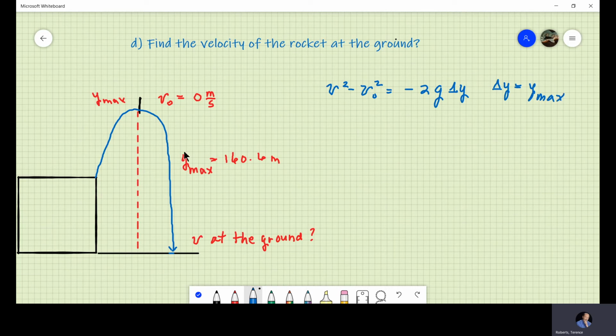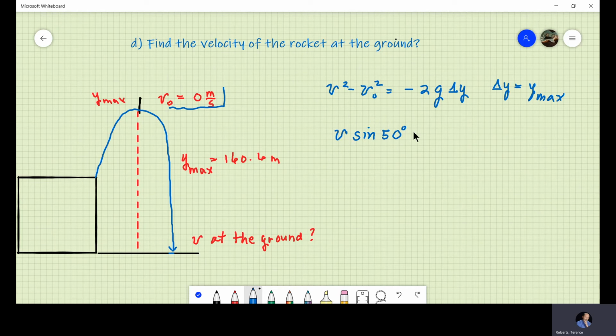We've got to notice, what about v squared and v naught squared? This is going to be in the vertical y. First of all, the initial velocity is going to be 0 up here. And then we're going to have this velocity, which is the v that we're looking for. v sine 50 degrees is the final velocity.